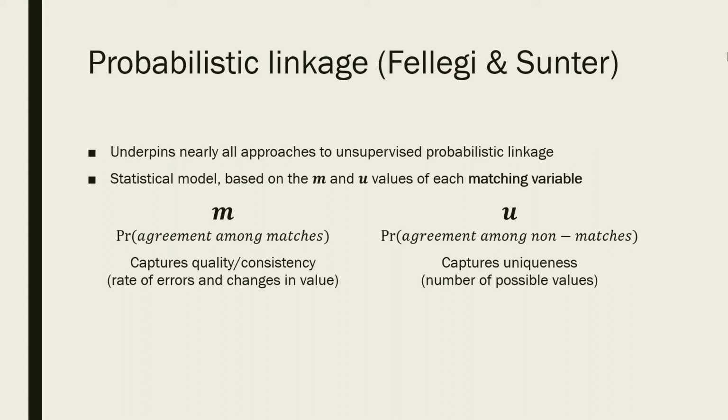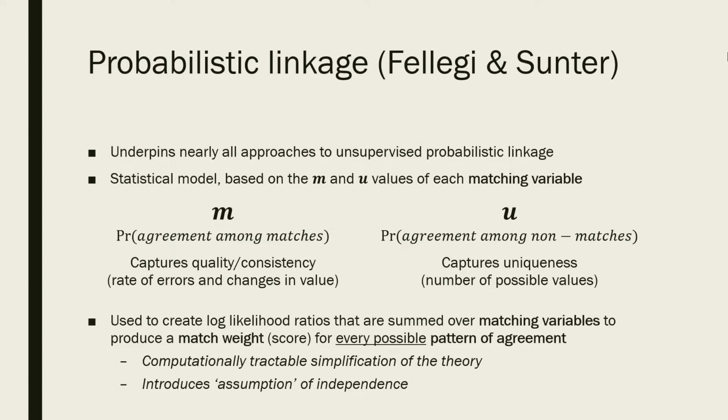So people's social security numbers and NHS numbers, there are lots of different values that they can take, and they're quite specific to an individual. Matching variables like that have very low U values, which translate into high match weights, high match probabilities when you observe agreement on those variables.